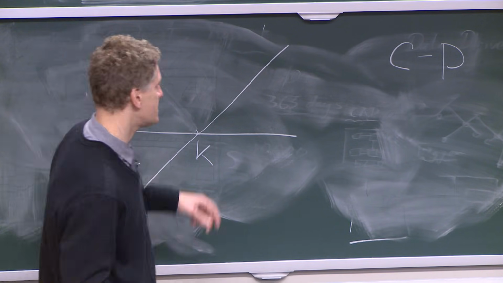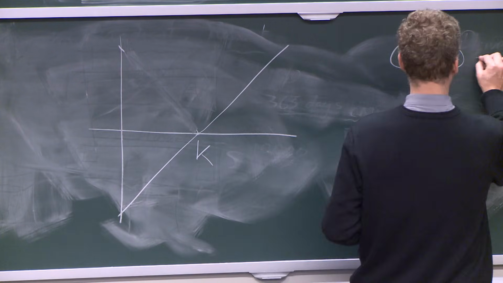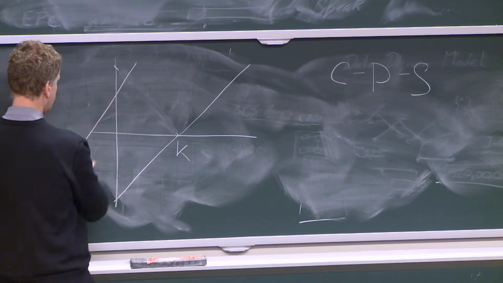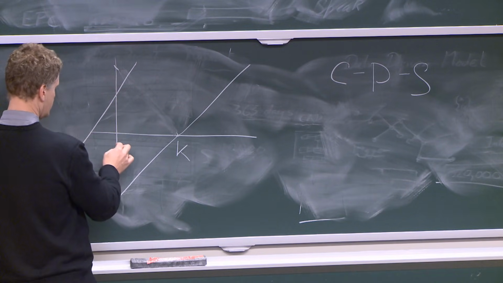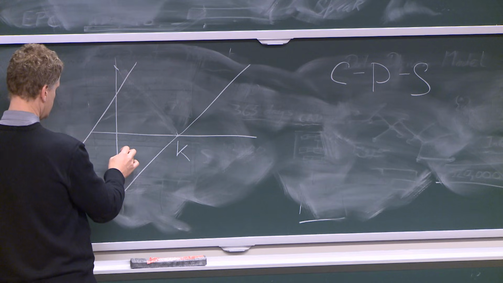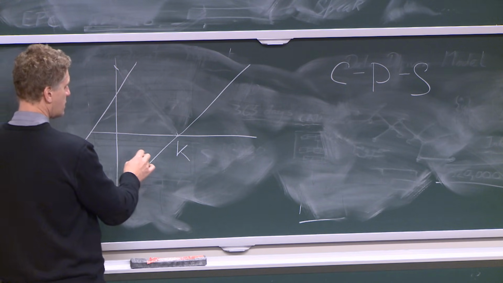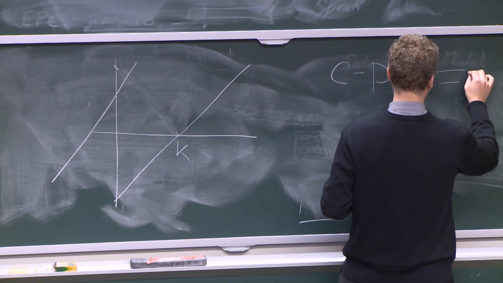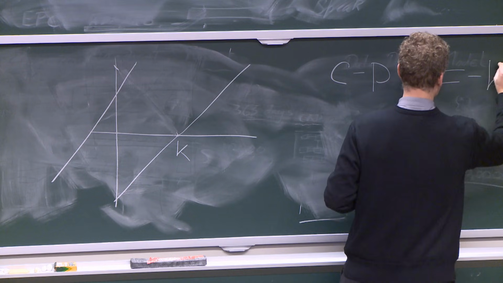So if we subtract a stock from here, it should be minus K, yeah.